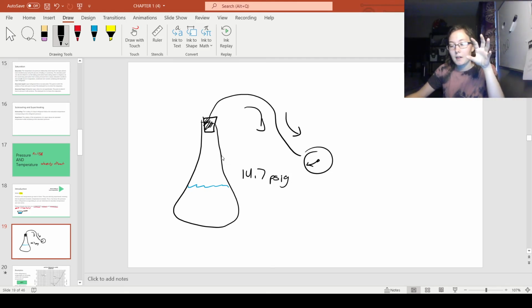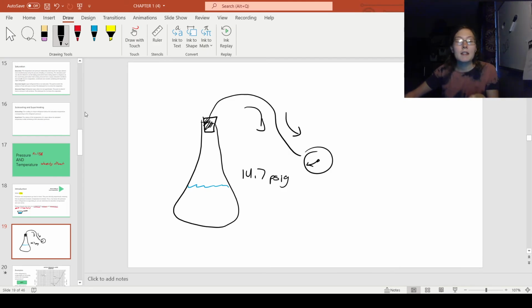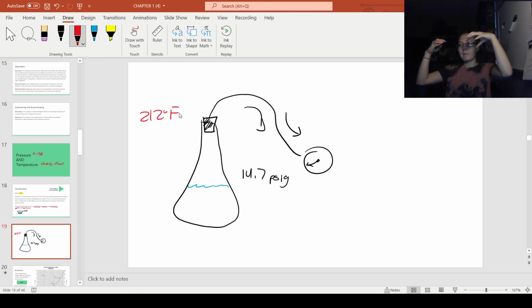And by doing that, he is lowering the evaporating temperature of that water. So instead of boiling at 212 degrees Fahrenheit, and there's a whole scientific explanation behind it for how the air is acting on the water molecules, and now it's giving them more space to kind of free up.